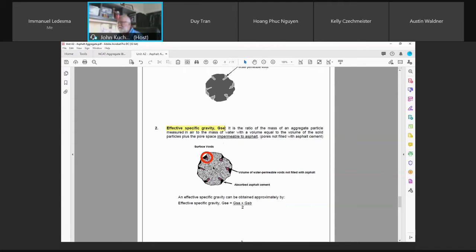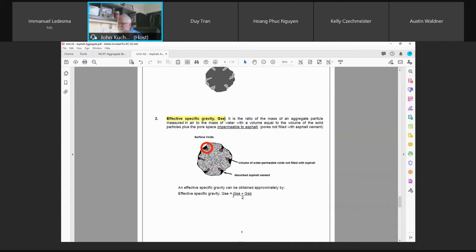It's filled with asphalt, or it's not filled. So you got the pores. In other words, it does not include these pores. So your volume changes again. This all has to do with the volume. An effective specific gravity can be obtained approximately if you know the apparent specific gravity and you know the bulk specific gravity.